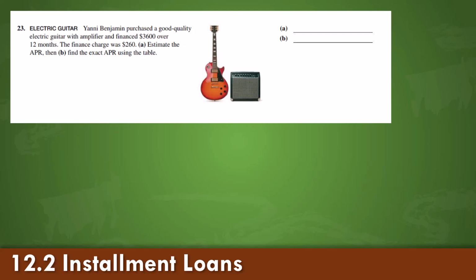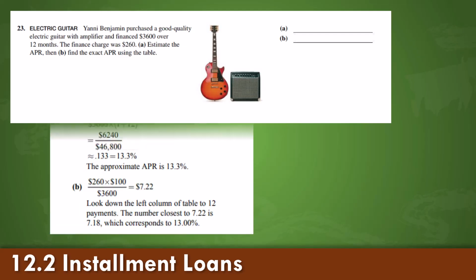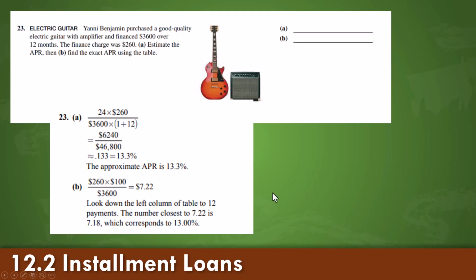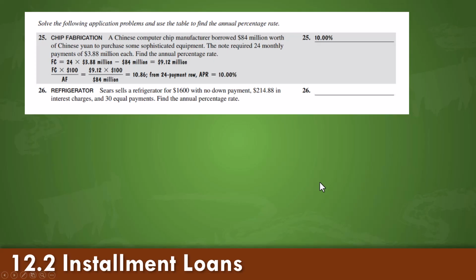In a word problem, for example, this electric guitar, and identifying the estimate APR and the exact APR using the table, I've calculated and demonstrated those for you here.